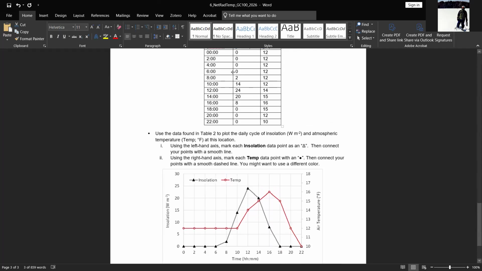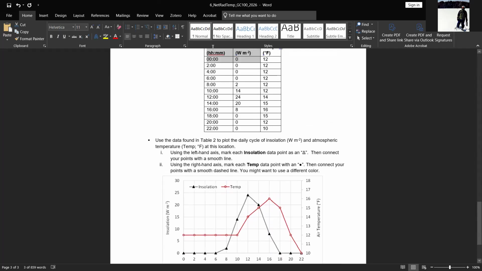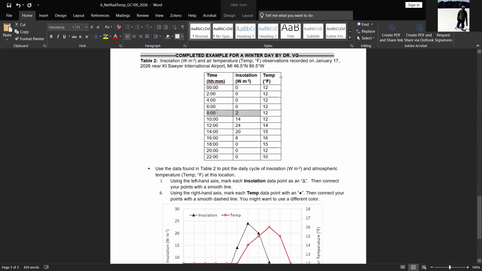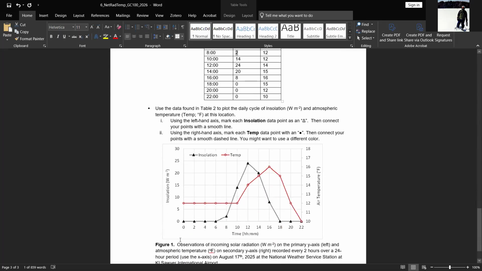But just to demonstrate, at midnight there was zero insulation, and right at 8 a.m. we first observed a little bit of radiation at 2, and then by 10 a.m. it went to 14. So to follow along, we have 0, 0, 0, 0, and then 2, and then 14, and then your next point. You would make these several points, and then when you're all done, connect them with a line. So that's your incoming insulation plot.